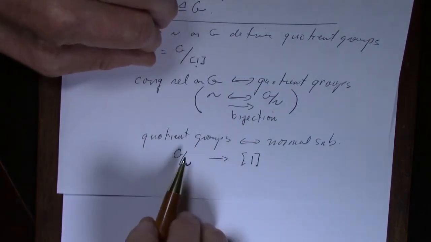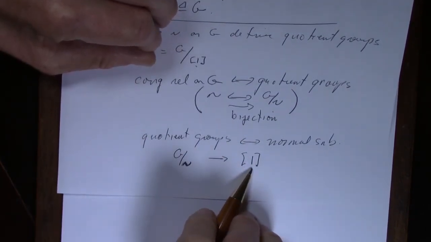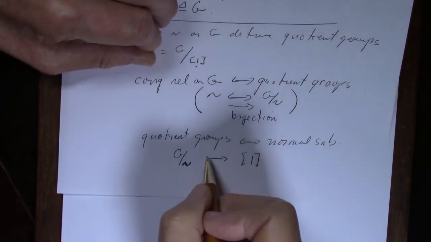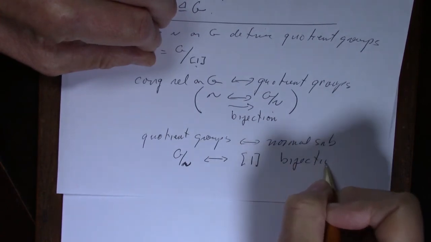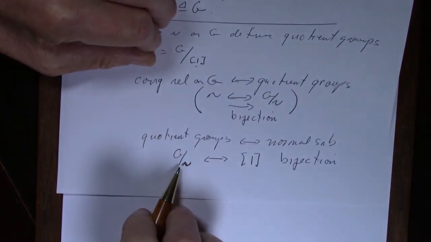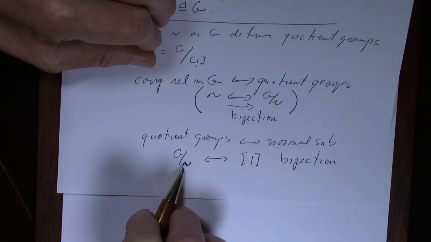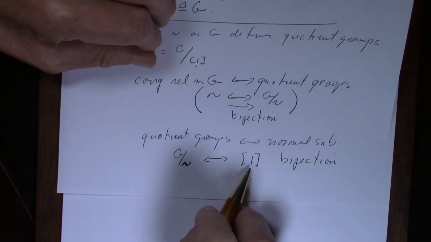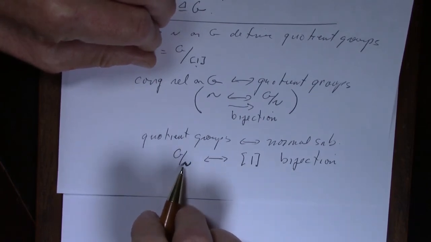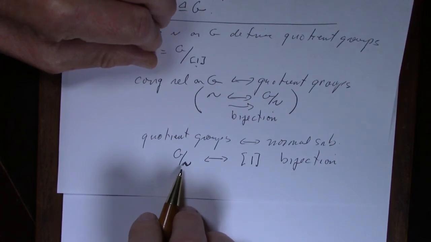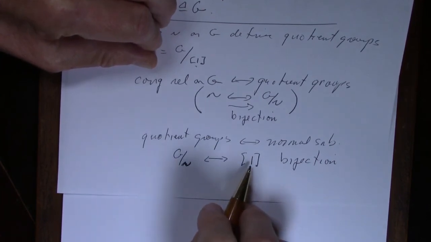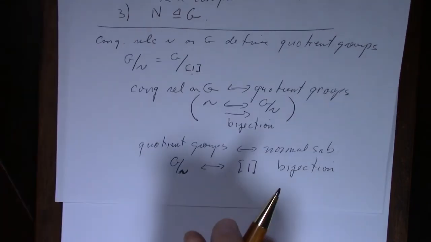It is related to the special block and vice versa, and this is a bijection. Quotients come from congruence relations which have special blocks. And the congruence relations and the special blocks are in bijection because a congruence relation is determined by its special block, by what's congruent to the identity.